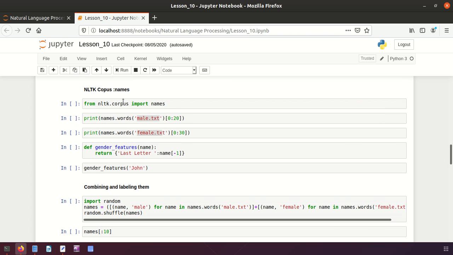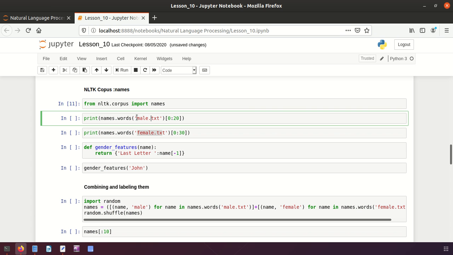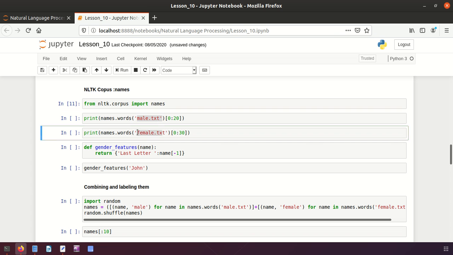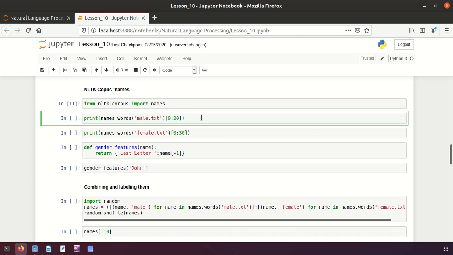In NLTK there is a corpus called names. We have a set of names here, documents of names. Let me read those names from the corpus. So I say from nltk.corpus import names. Yeah, the names are imported, and there are 2 documents. The first document is male names, and then we have female names. Let me print some of those names.